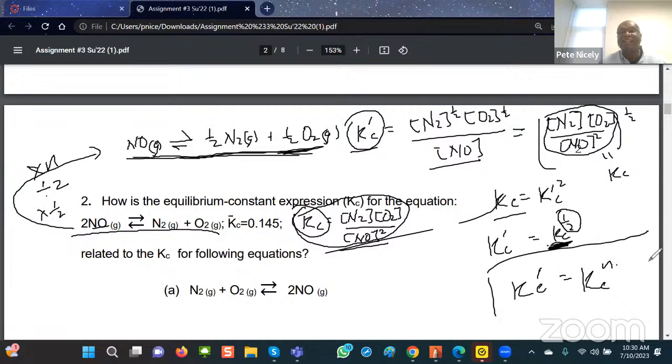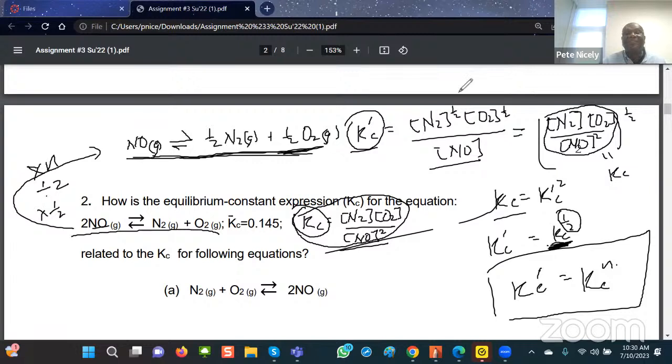So that's the relationship between Kc and Kc prime, if to get from the first to the second equation you multiply by a certain number. And the number could be an integer like 2, 3, 4, or it could be a fraction like a half, a third, whatever. I just thought I should mention that.